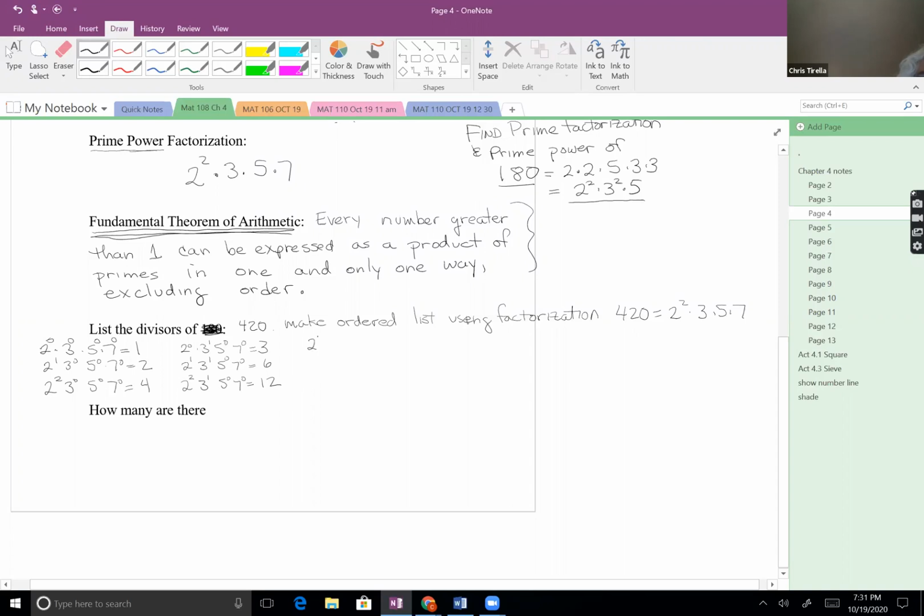Then I could get 2 to the 0, 3 to the 0, 5 to the 1, 7 to the 0, which would be 5. 2 to the 1, 3 to the 0, 5 to the 1, 7 to the 0 would be 10. 2 to the 2, 3 to the 0, 5 to the 1, 7 to the 0 would be 20.